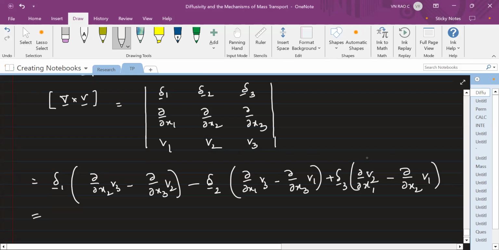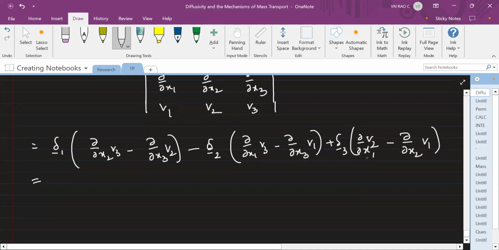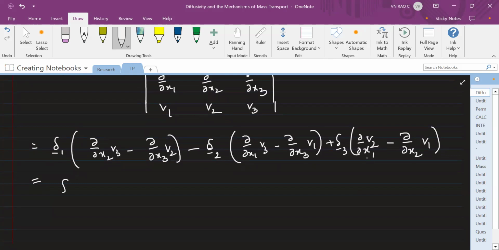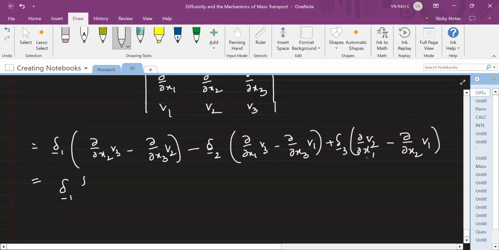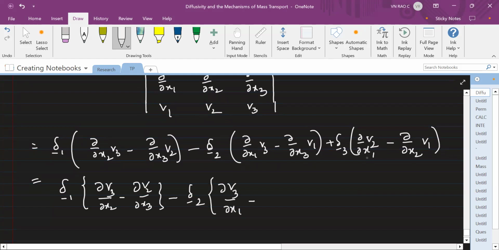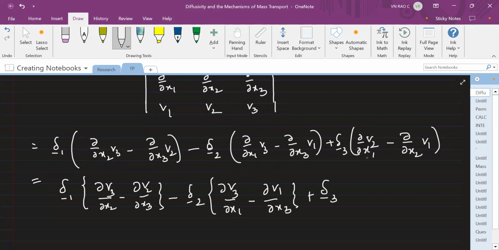Hope you are able to understand what I am trying to write in this particular place. So delta 1, you can write like this: dou v3 by dou x2 minus dou v2 by dou x3, minus, this is again a vector, dou v3 by dou x1 minus dou v1 by dou x3, plus the third component.